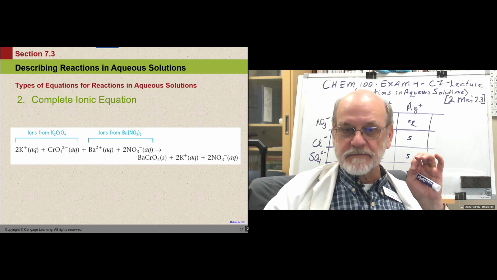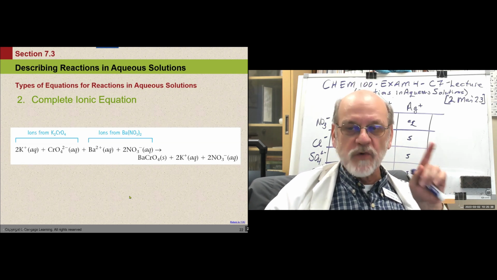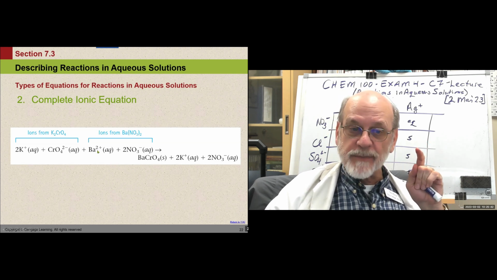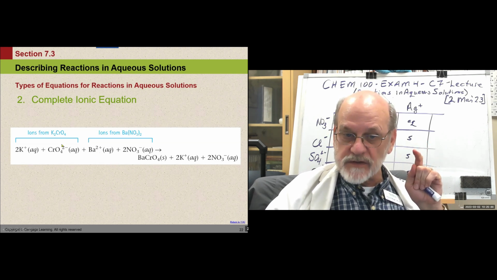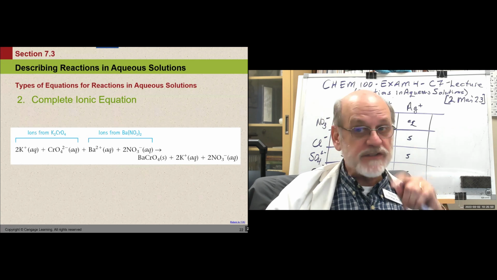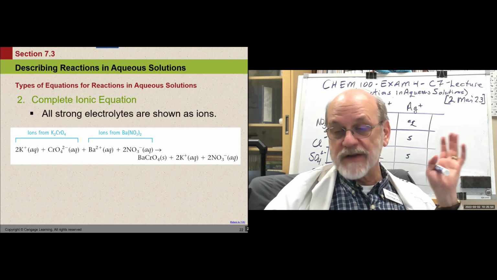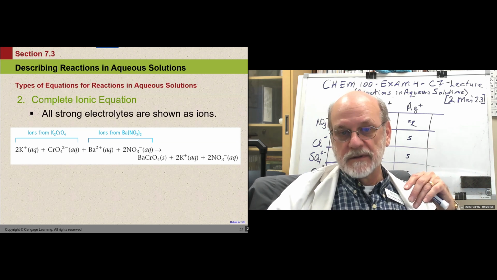But notice, where's the business happening? Where is the reaction actually happening? The reaction is happening between barium ions and chromate ions. The potassium and the nitrate ions are still in solution. They're just floating around happy as a lamb.